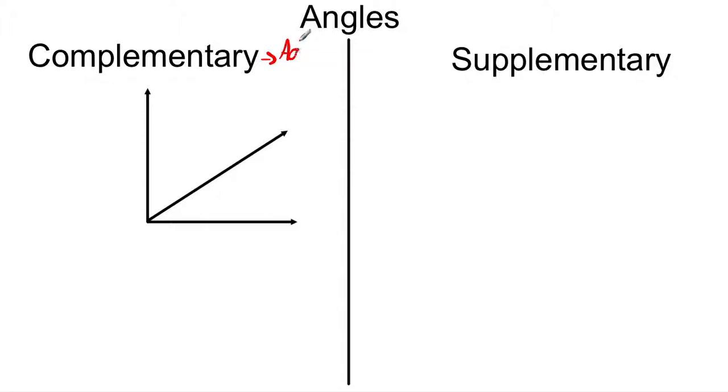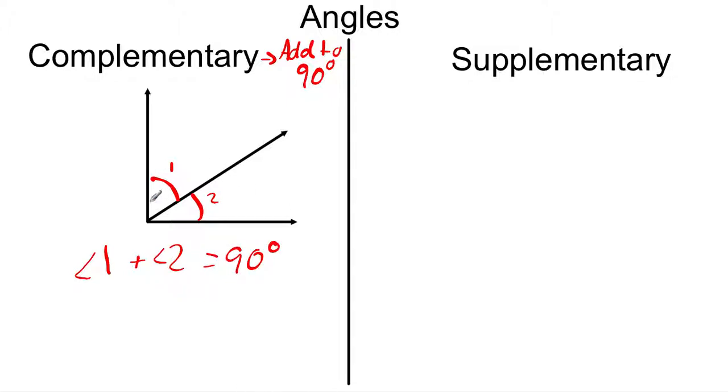So these add to 90 degrees. So if I have this angle here, and I say this is angle 1, this is angle 2, then angle 1 plus angle 2 is equal to 90 degrees. And we can see that they do make this right angle for the two of them.